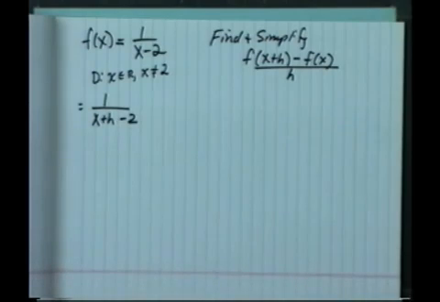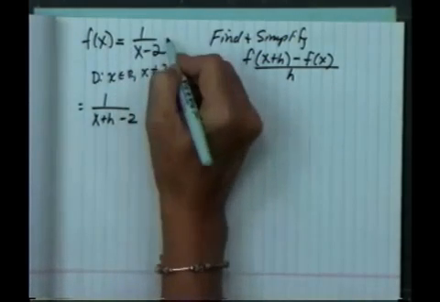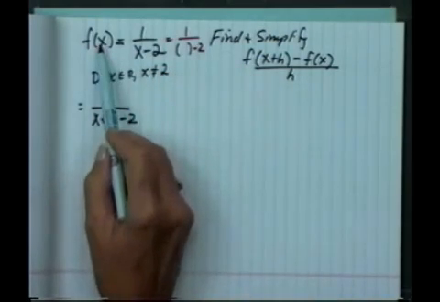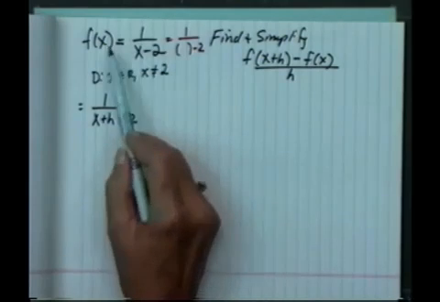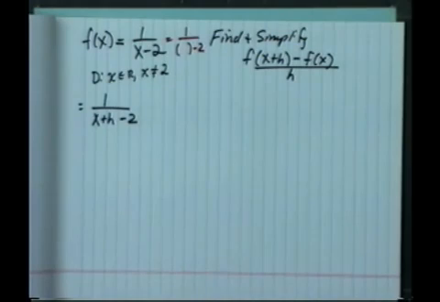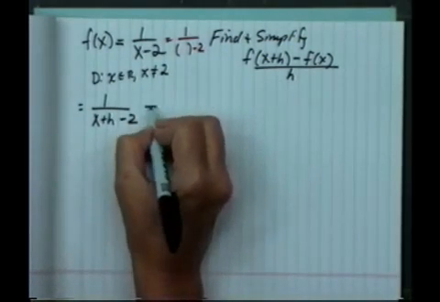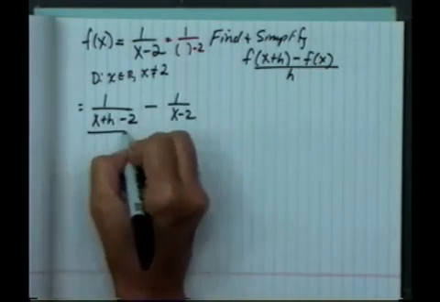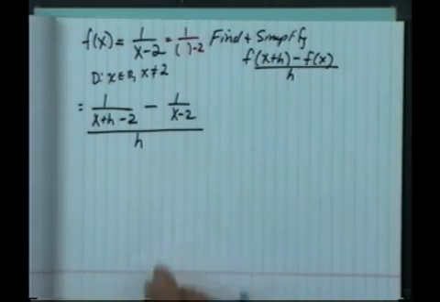Remember, wherever you have an x in your original function, you just put a little parenthesis there. And so if you need f of 3, you'd put a 3 in for x. If you need f of x plus h, you put an x plus h in. Everybody good? All right, and then we're going to subtract f of x, the original function, and divide by h.